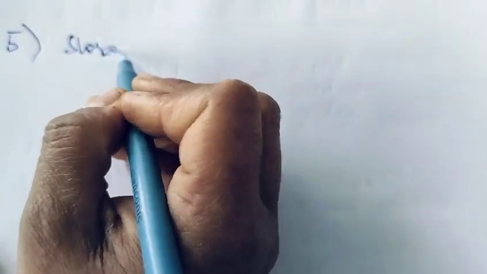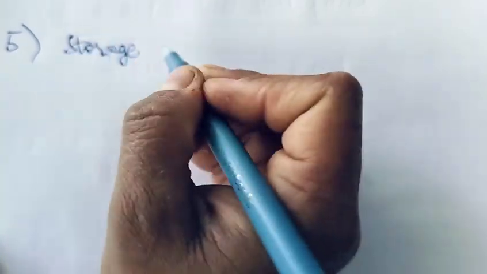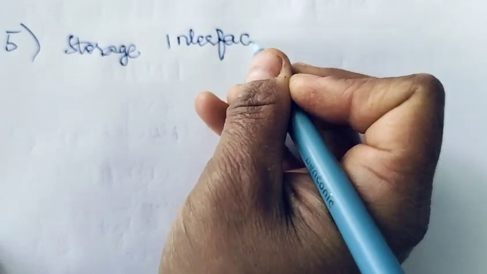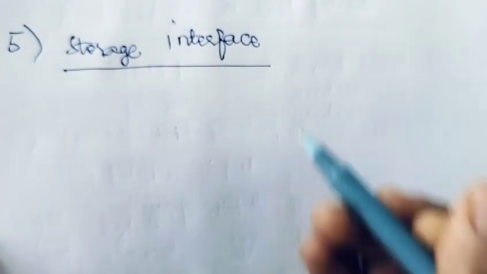And the last component of the things or devices in IoT, that means the various things required to make up an IoT system, is the storage interface. Now what is your storage interface?